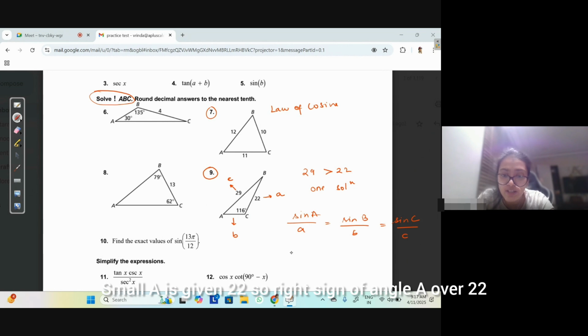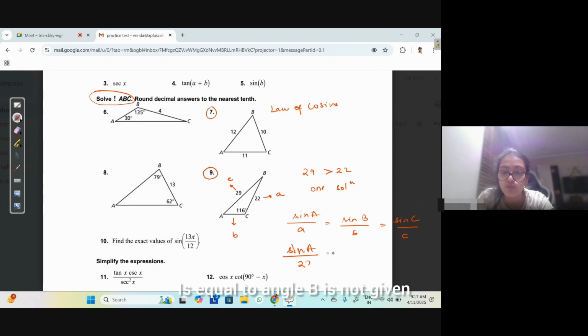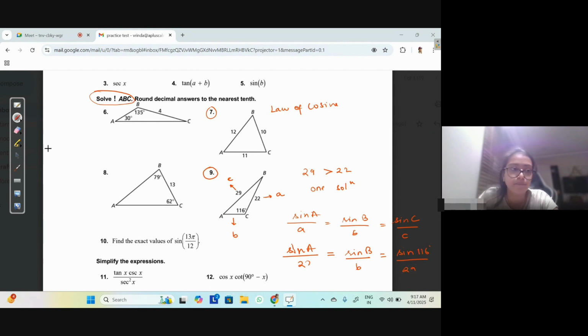Small a is given, 22, so write sine of angle A over 22 is equal to, angle B is not given, it's okay. Small b is not given, so leave it. Angle C is given, so sine of 116 degrees. Small c is given, 29. Write this properly: sine of angle A over small a, 22.